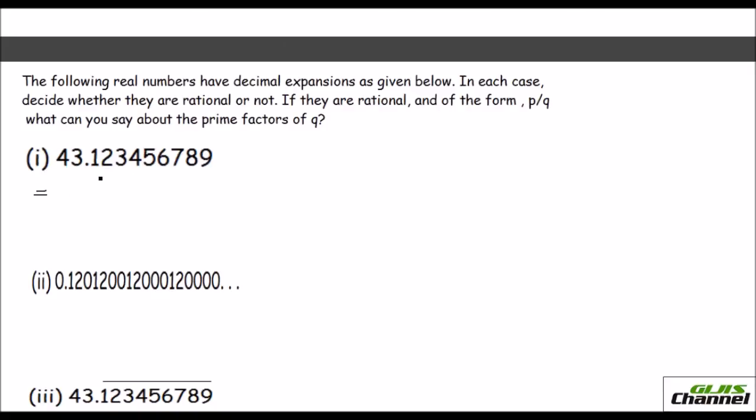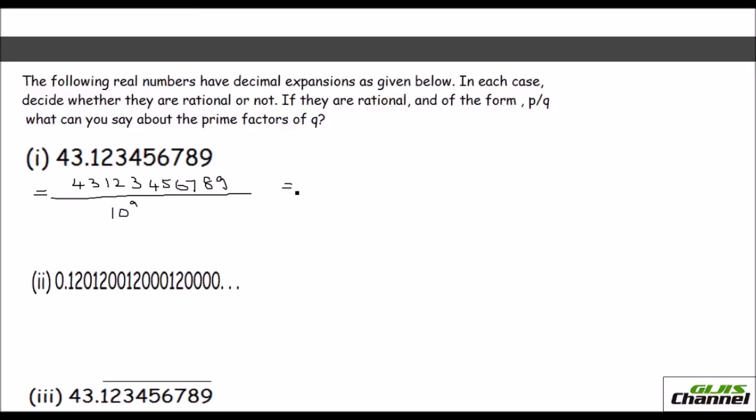Since it is a terminating decimal number given, I can write this as 43 and 9 digits over 10 raised to 9, right?